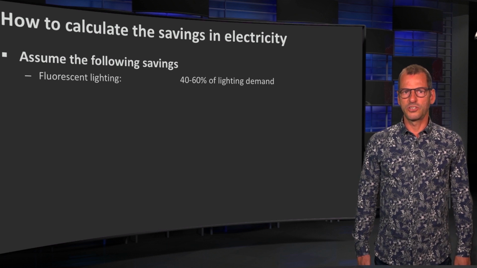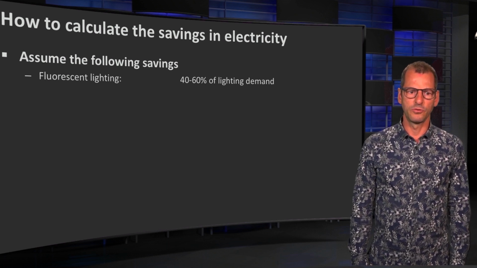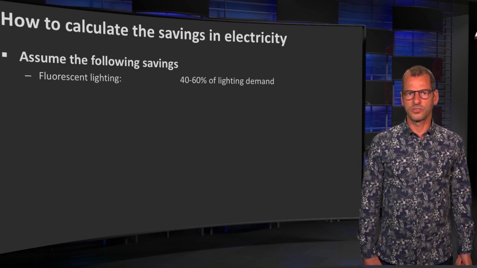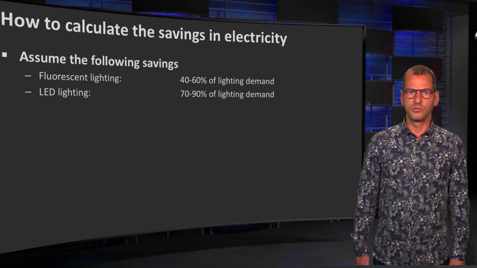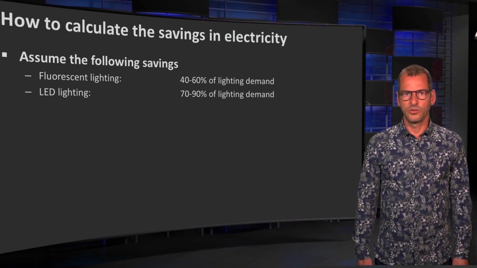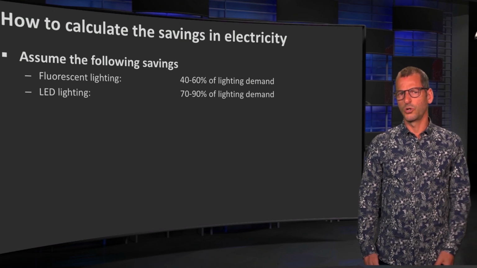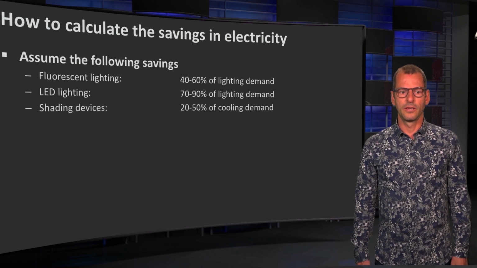You could think of changing your lighting. If you have light bulbs right now and you replace them by fluorescent lighting, then you can save approximately half of the energy used. If you do use LED lighting, light-emitting diode lighting, then you can save a lot, as you can see here. Of course, it's more expensive, but a lot of energy can be saved for lighting.